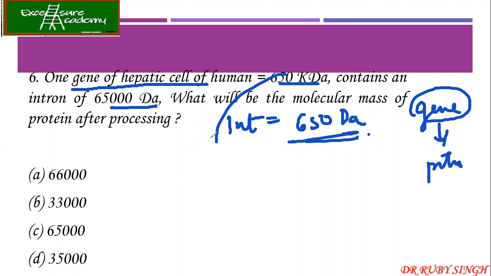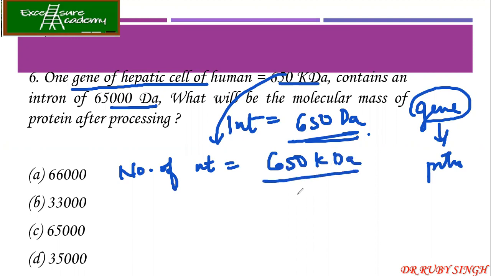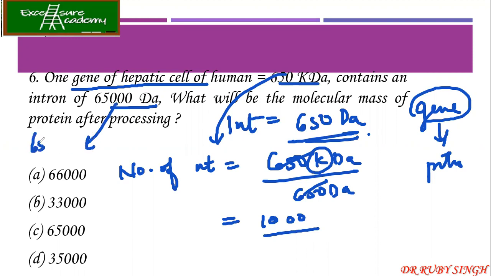So from here, you need to calculate the number of nucleotides: the total weight in kilodalton divided by 650 Dalton. How much are you getting? 1000, right? The K is left, so you will get 1000 base pairs. Is this much clear? And the intron will become 65,000 divided by 650, so you will get 100.